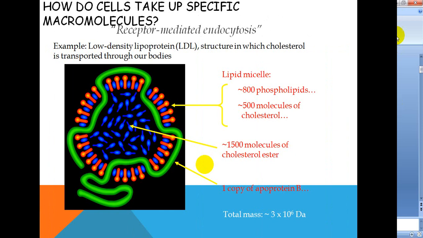Now, how do cells take up specific macromolecules? You will see one example of receptor mediated endocytosis. For example, low density lipoprotein, and how cholesterol is released through the process of receptor mediated endocytosis.